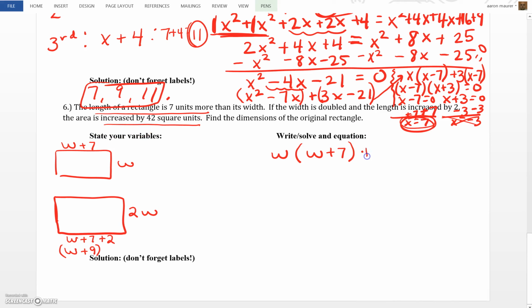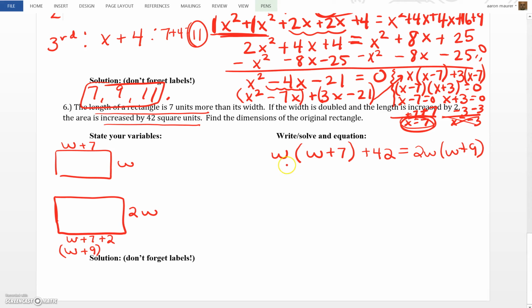So it's going to be 42 larger than this one down here, which would be 2W times W plus 9. So take a second. If you need Mr. Britz to pause this, ask him to do so, and think about where that equation came from. Again, this diagram over here is what's going to help you.